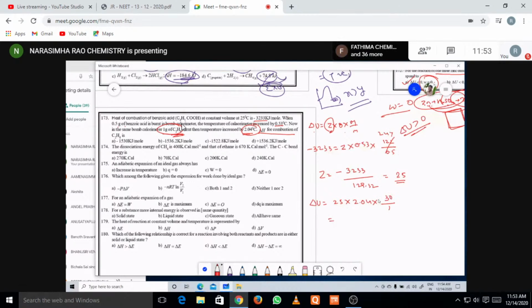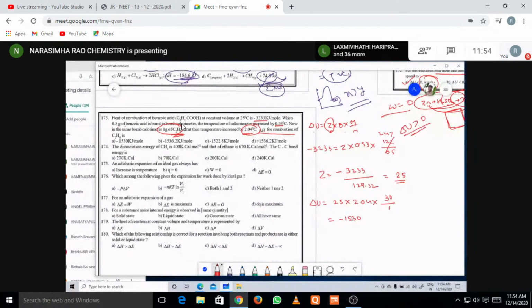So 30 into 30 into 2.04, roughly I got 1530. So combustion is negative.